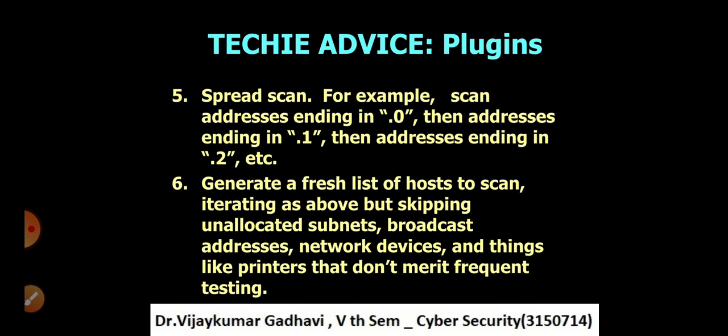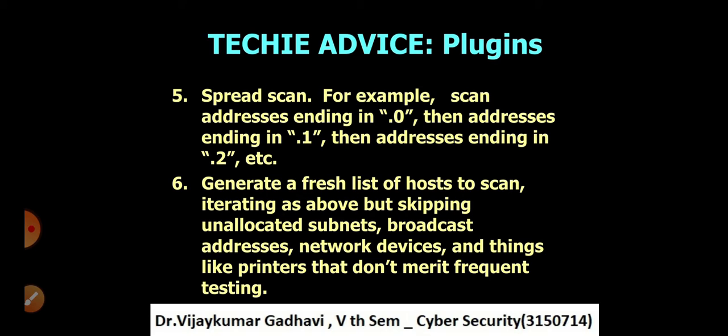Then spread the scan. For example, it is used to scan addresses ending in 0, then addresses ending in 1, then addresses ending in 2. This is a sequence of addressing your system.